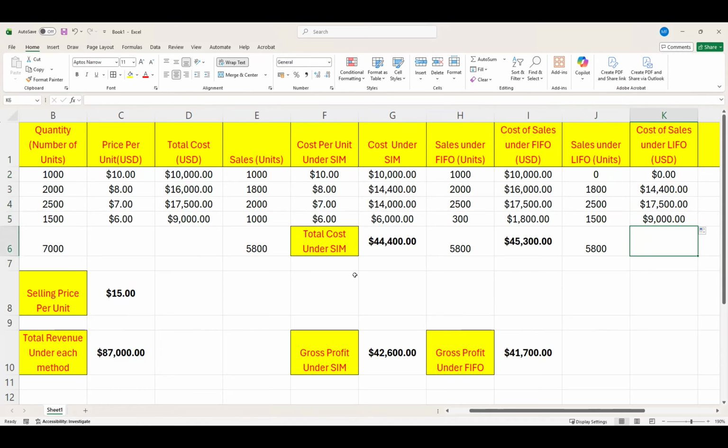I've already written 5800, but just like I gave a label for total cost under FIFO, this will be total cost under LIFO. I can insert columns or write it at the bottom. It's okay, I hope everyone understands it, so I don't need to write it. It is equal to sum of.